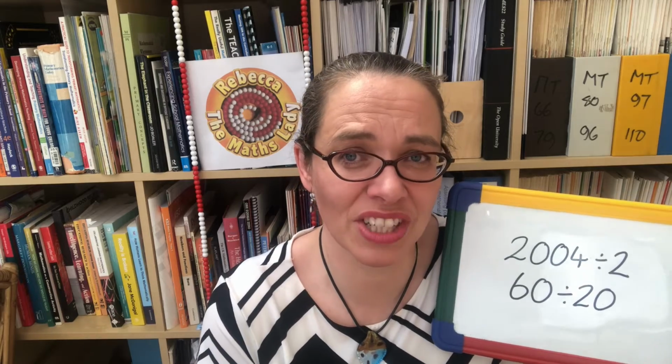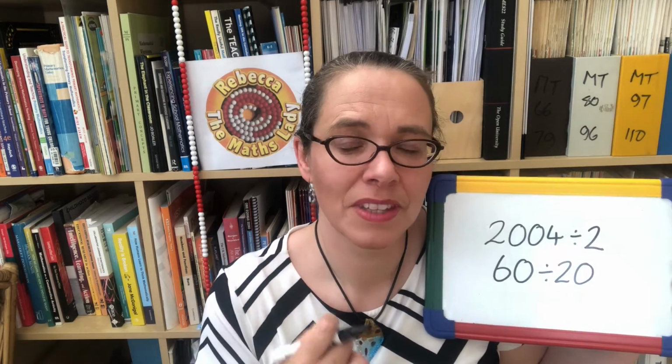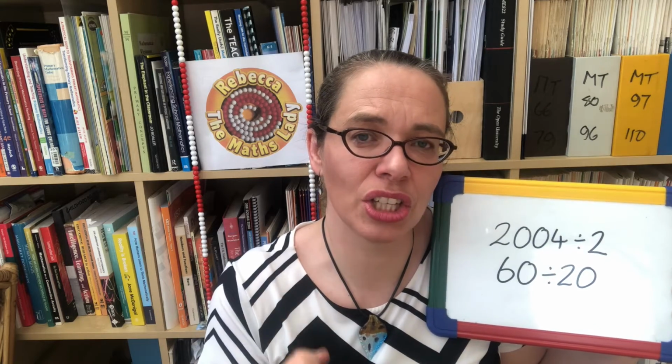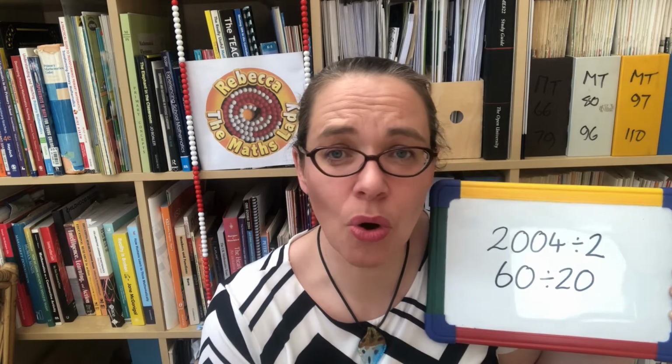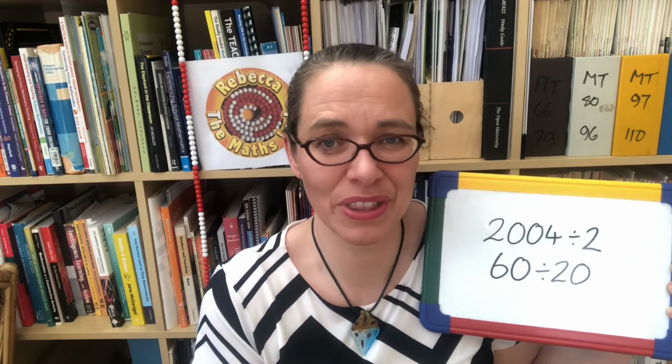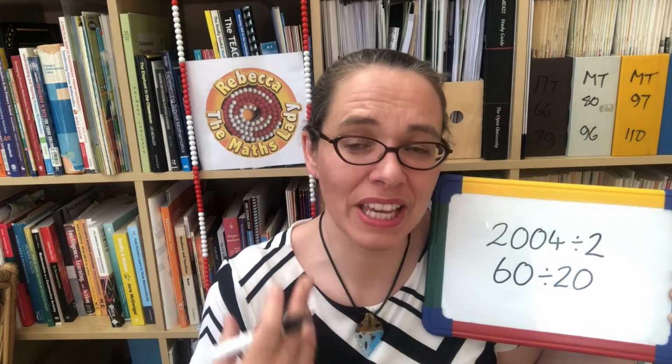And a lot of adults actually switch between sharing fairly and counting group strategies without being aware they're doing it. They do it subconsciously. And that's really confusing for children. So again, it's essential you know that division is sharing fairly and counting groups, and that whenever you're talking about a division problem with children, you repeat that.